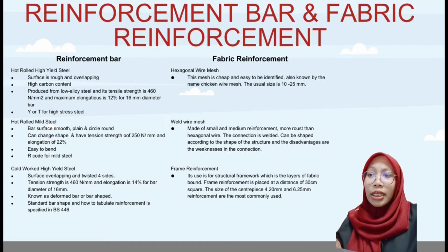Third, easy to bend through on small radius, example, a wet beam, falling column, or strip on the small beam. 4. R code for mild steel.